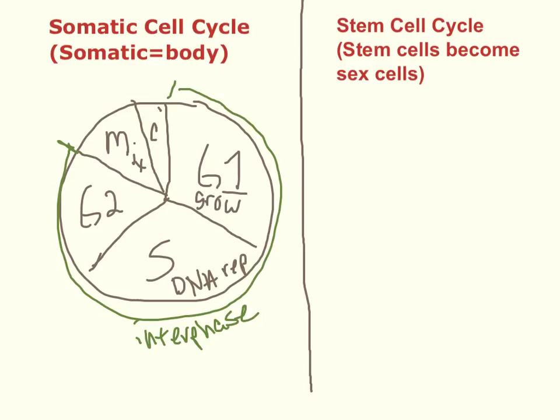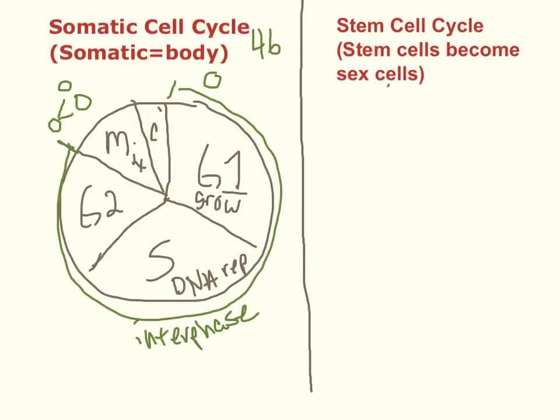And so you have one cell and it comes around, and then over here you have one cell and it divides into 2. And just as a reminder too, your body cells have 46 chromosomes.